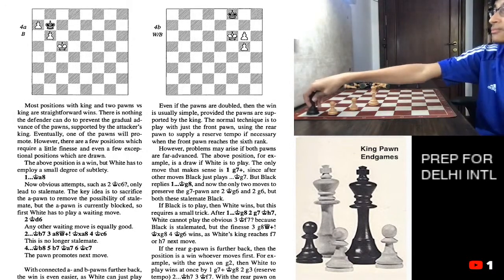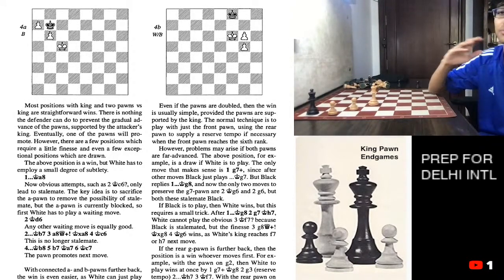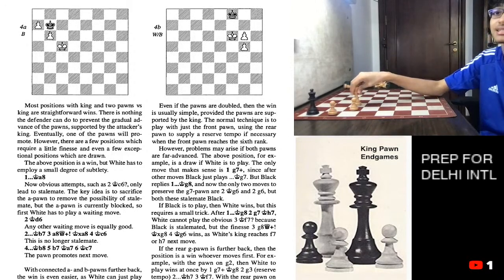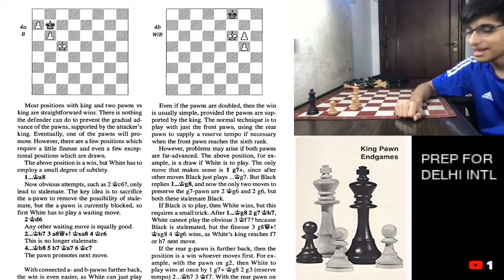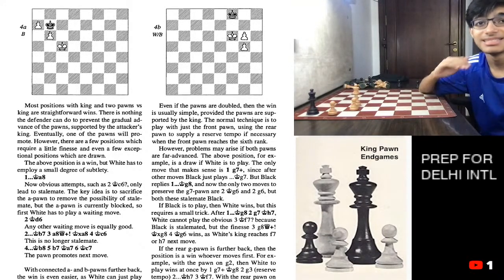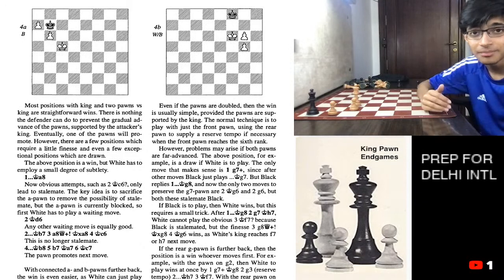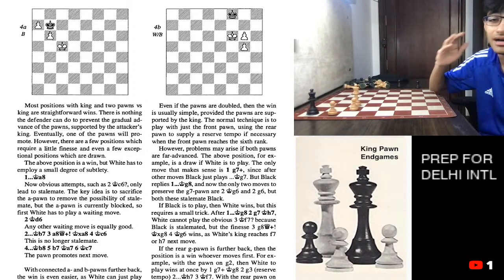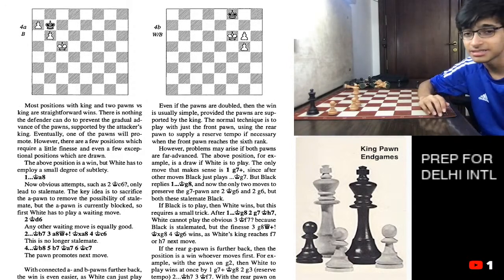So when black goes king a8, can you imagine what will happen if white just mindlessly pushes king c6? This is again a stalemate. And one thing you have to remember, in king pawn endgames, stalemates are absolute nightmares and they occur very frequently. And you always have to stay alert so that you don't commit a stalemate.